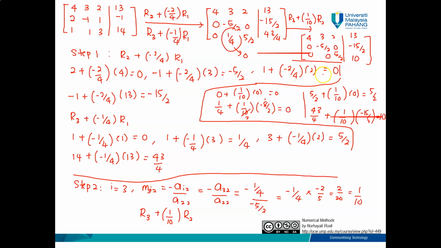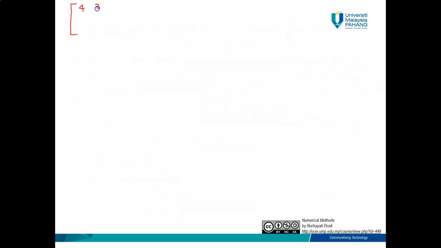If you see here, now you have your new matrix, which has become an upper triangular matrix, and a new vector B. The matrix is 4, 3, 2, 0, negative 5 over 2, 0, and then 0, 0, 5 over 2. And for our new B is 13, negative 15 over 2, and 10.